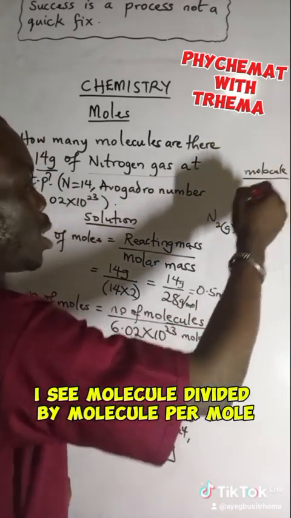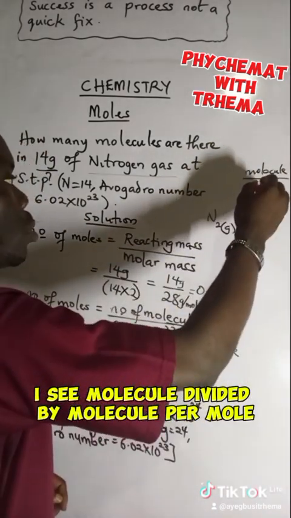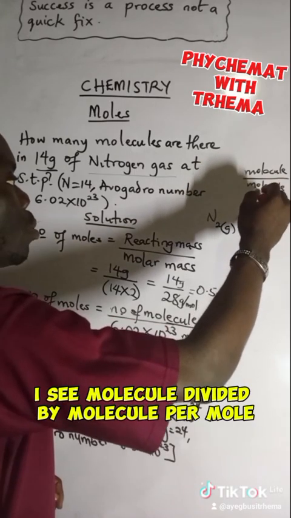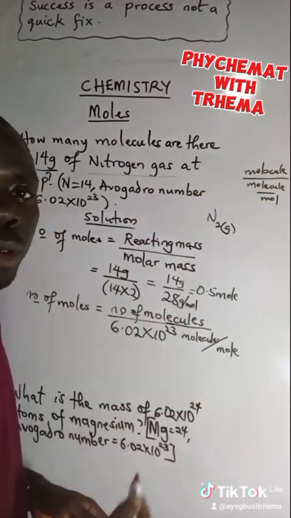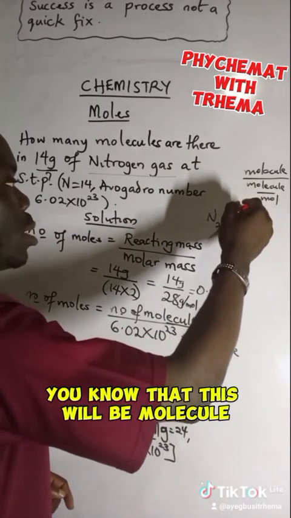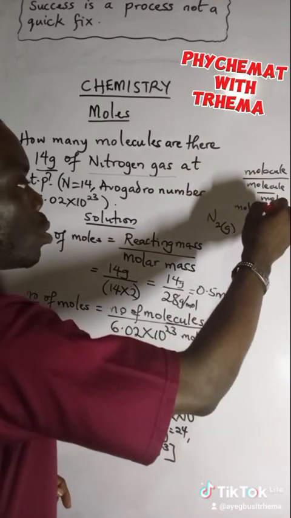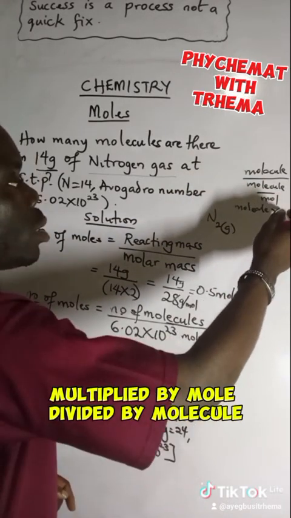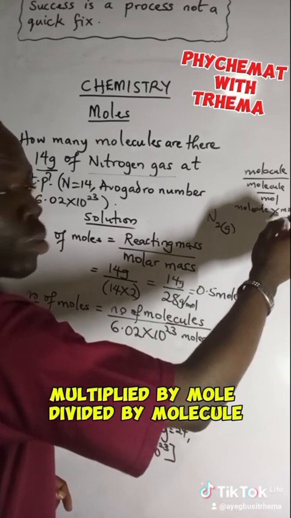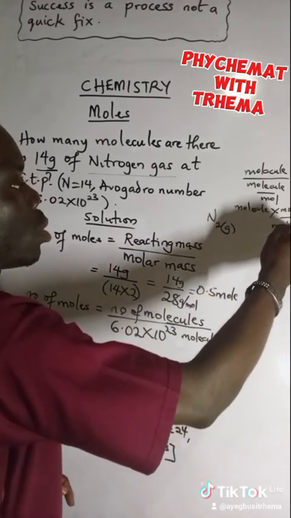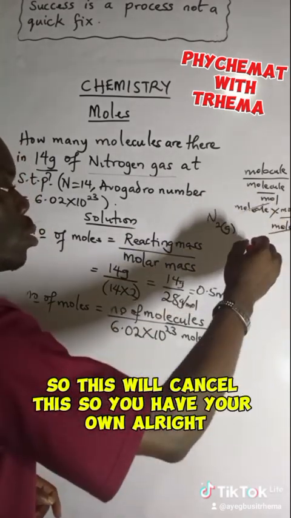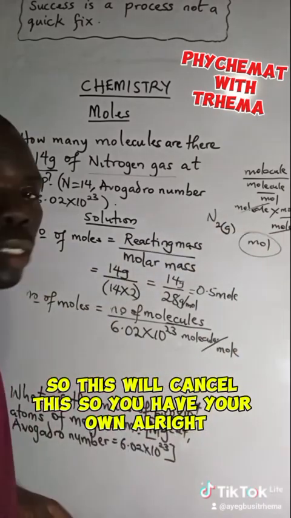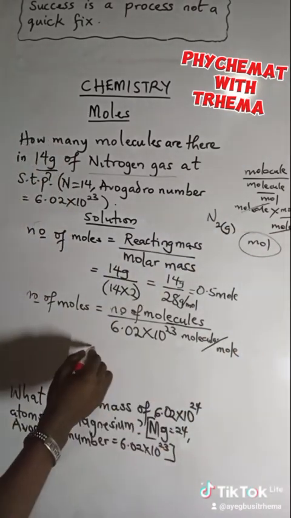Molecule divided by molecule per mole is molecule multiplied by mole divided by molecule. So molecule cancels molecule, and you are left with mole.